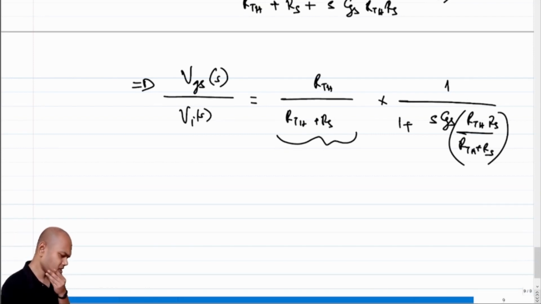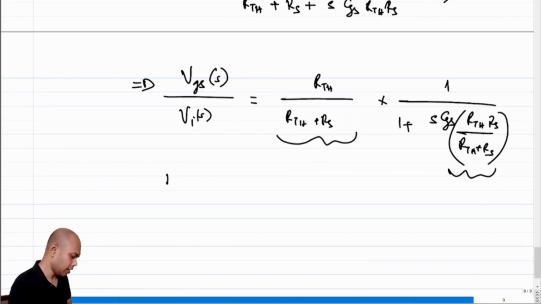But what is this thing multiplying s CGS? It seems like the parallel combination of RTH and RS, RTH RS by RTH plus RS.